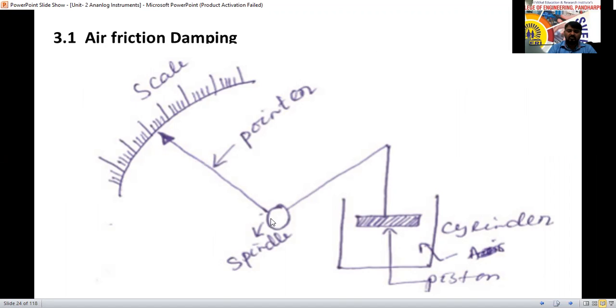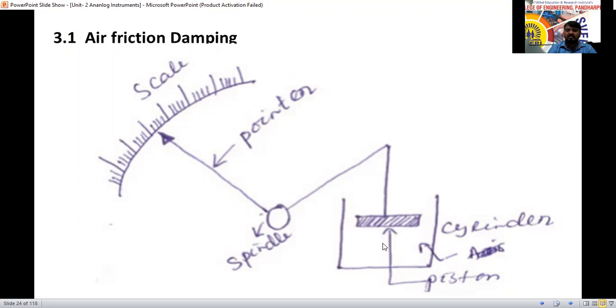This pointer is connected to the spindle, which is connected to one connecting rod, and here we are using an air chamber cylinder and a closer. Whenever the spindle starts to rotate clockwise, the air will be pushed inside the cylinder, so air will get compressed here now.